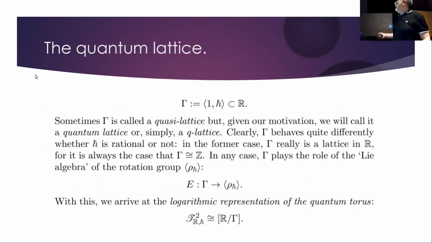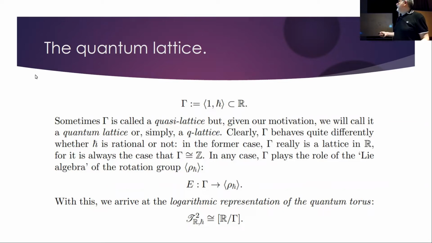And this motivates the introduction of quantum lattices. As they appear in the theory of quasi-crystals, they are also called quasi-lattices. But I will call them quantum lattices, and sometimes Q-lattices to avoid confusion. This quantum lattice is just a finitely generated abelian subgroup of the real line considered as an abelian group.